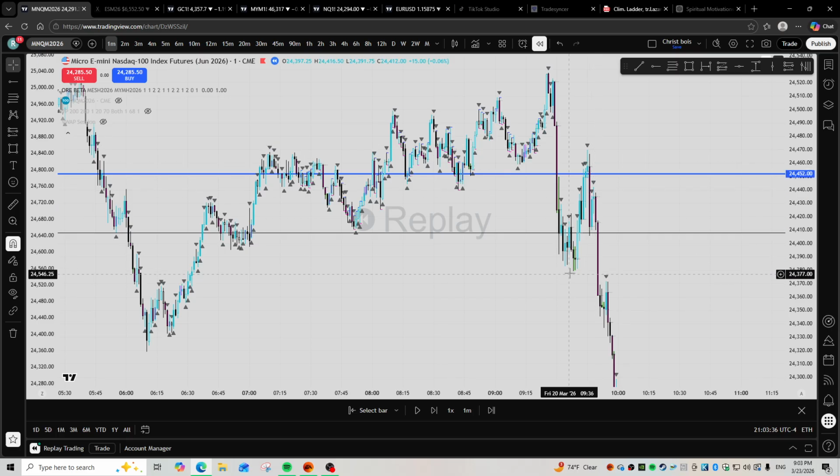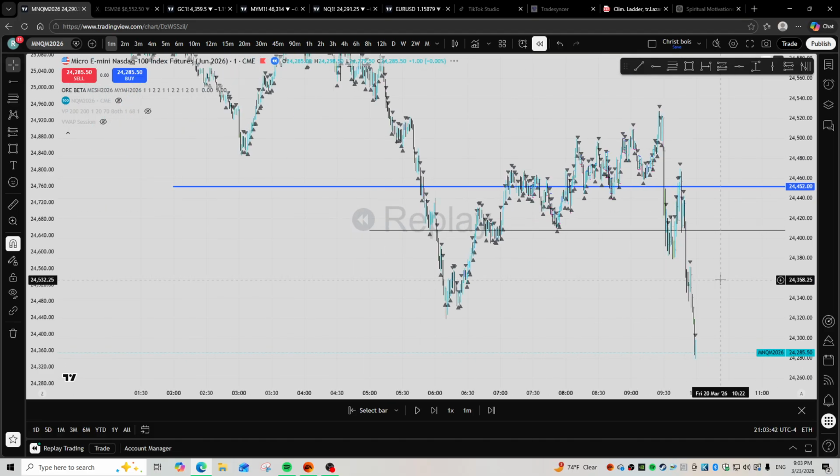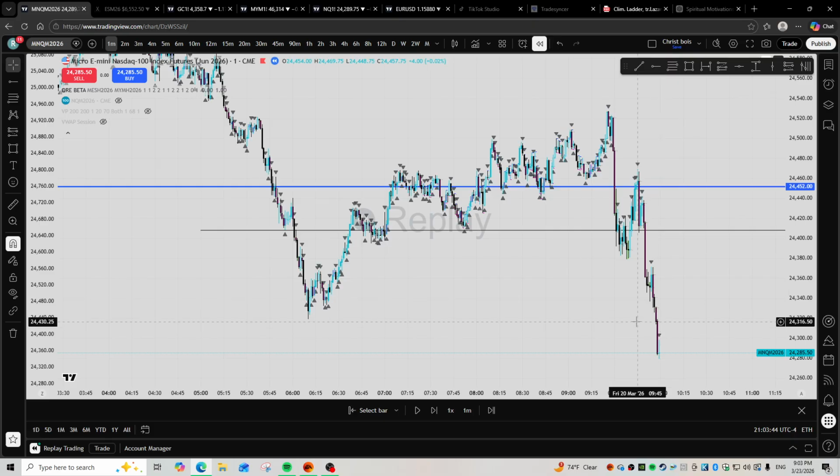So coming below here, the order block might be down here, and going higher makes more sense. Obviously, it doesn't have to make sense. This is the most complicated thing in the world, you know. It's just how can we profit off of it. And that's what I'm trying to figure out.